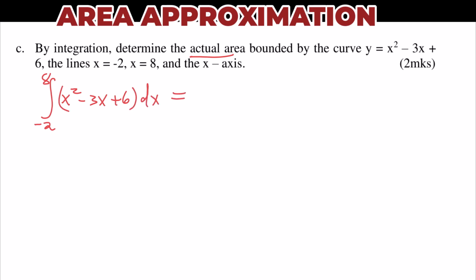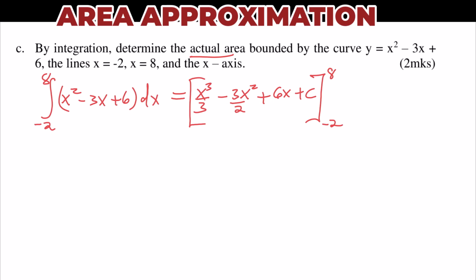Integrate x squared, you get x cubed divided by 3. Integrate 3x, you get 3x squared divided by 2. Integrate 6, you get 6x, then plus constant of integration, the square brackets, then -2 to 8.